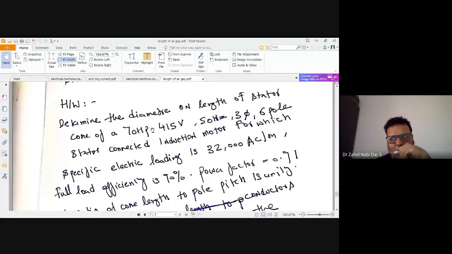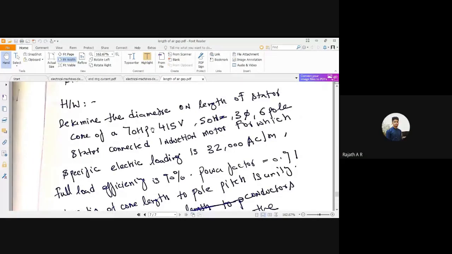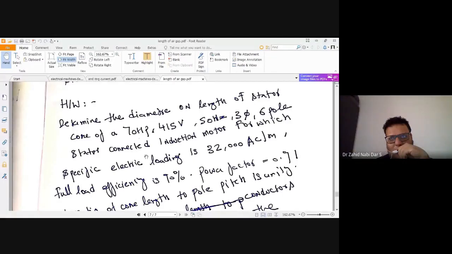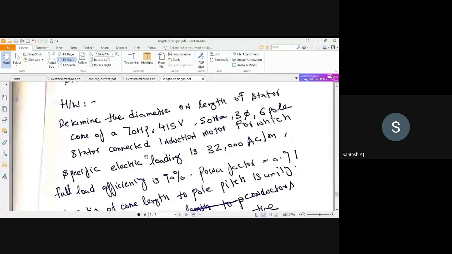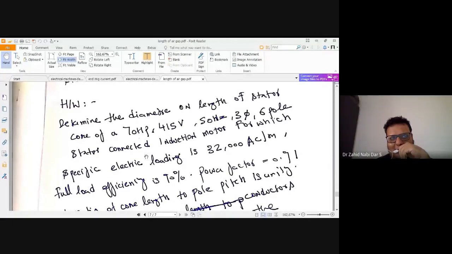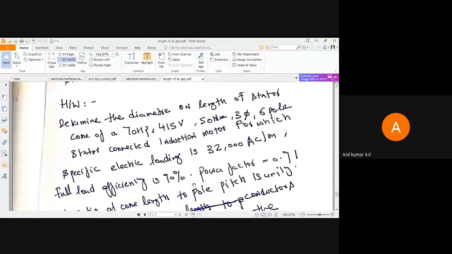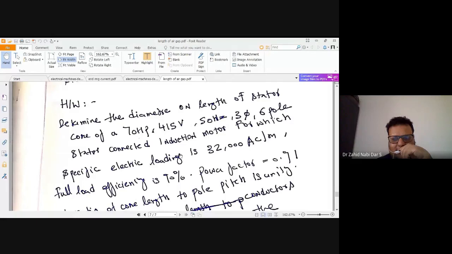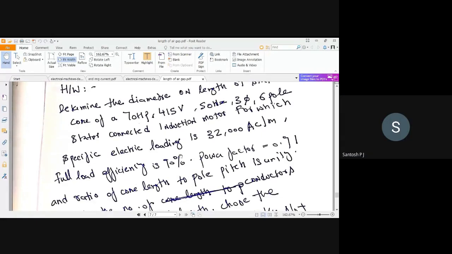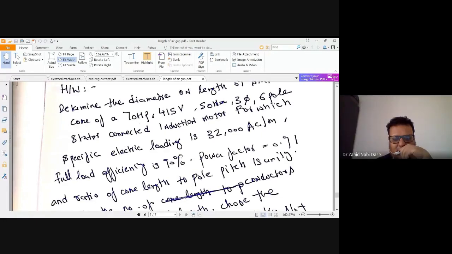Now the horse has become weak. Horses all over the world have become weak. Now it is 735.5, the exact value, and that you also have to take into consideration.